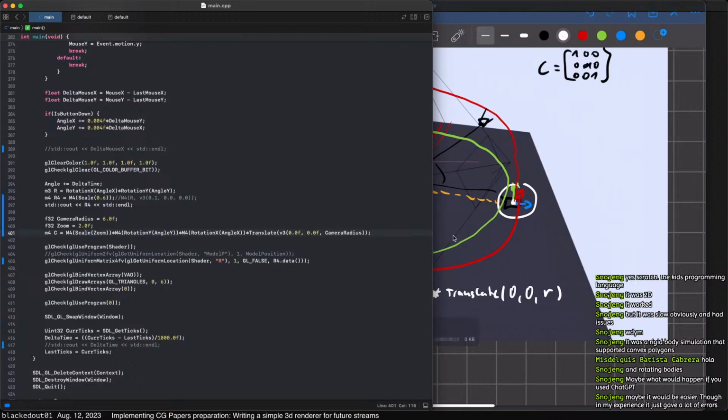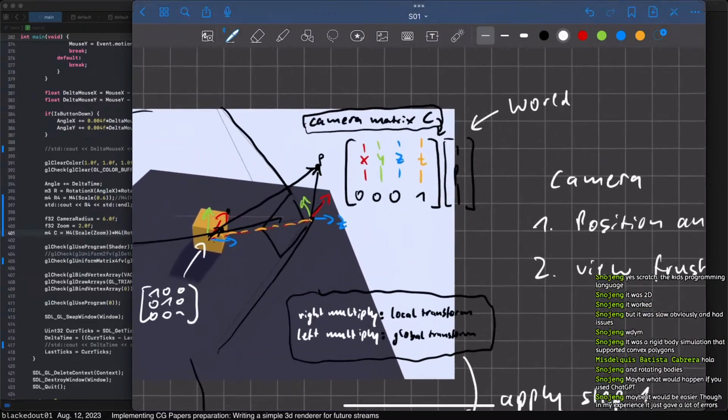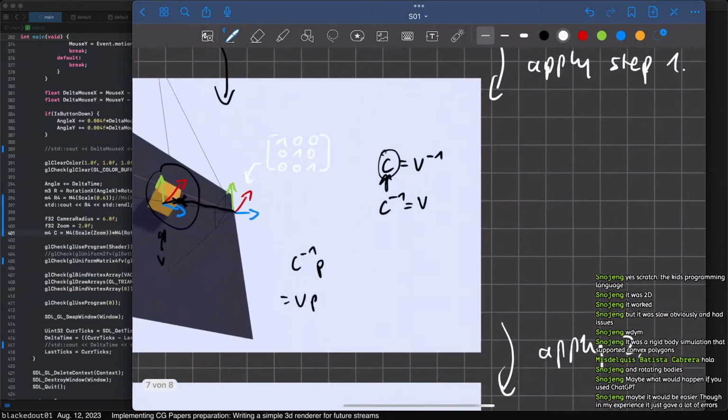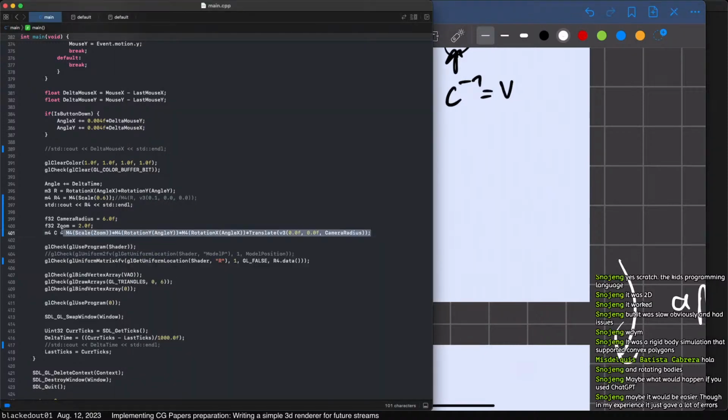But because, like I showed you, we don't need the camera matrix. We instead need the view matrix to transform our points. And this is the nice thing about it. If you didn't construct this like this, for example, if you just had the camera matrix and didn't know how it was constructed, this would be a bit difficult.